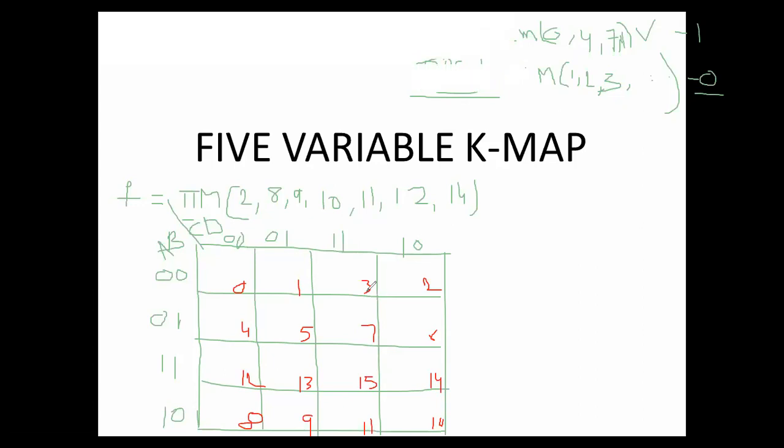In the given function, we have the cell values. Here we are putting zeros. 2 means which cell? This cell. So here we place 0. Next 8, here. Place 0. Next 9, here.